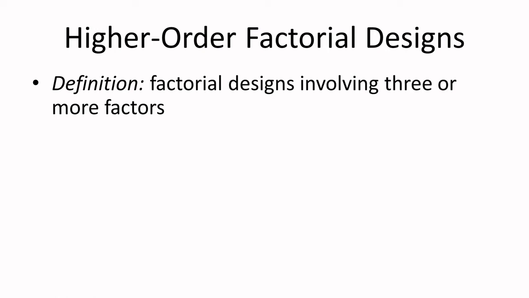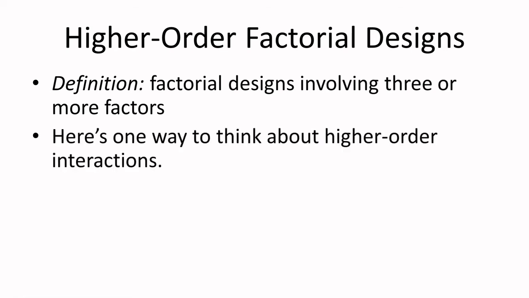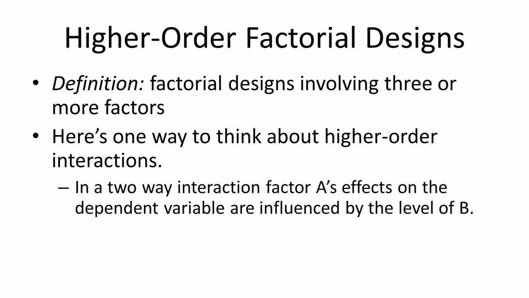One final thing I wanted to mention is that when you do include more than two factors in a factorial design, what you're doing is something that you could call a higher order factorial design. And here's one way to think about higher order factorial design interactions, where you have, at the minimum, 3 different factors that are all potentially interacting with each other.